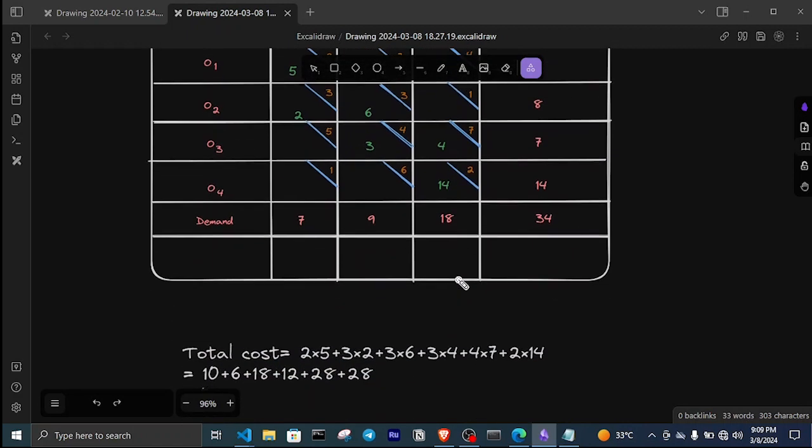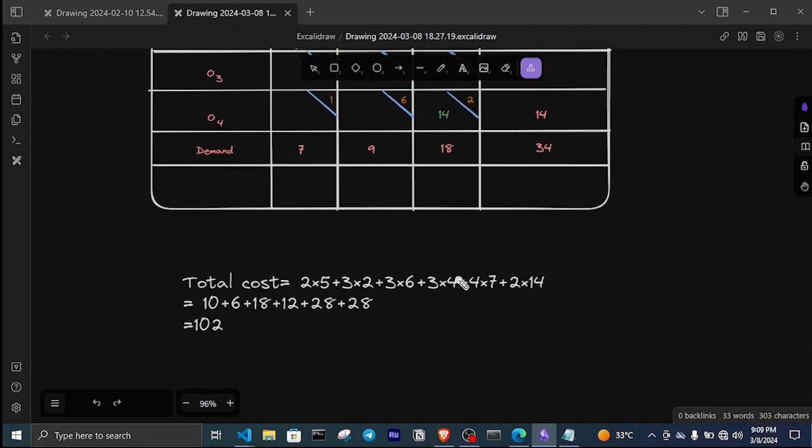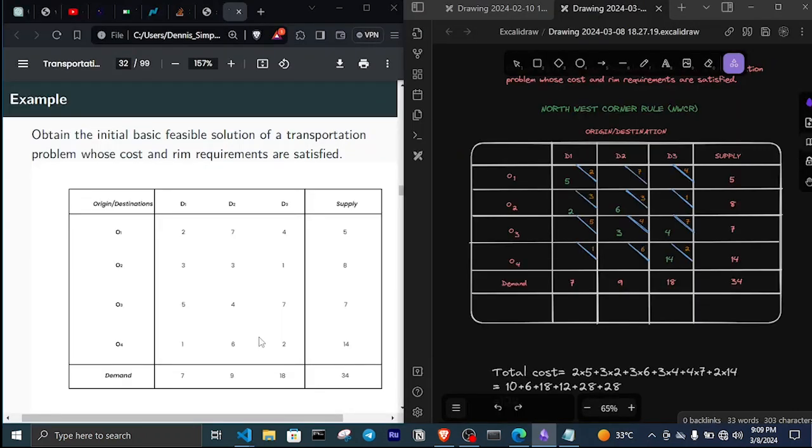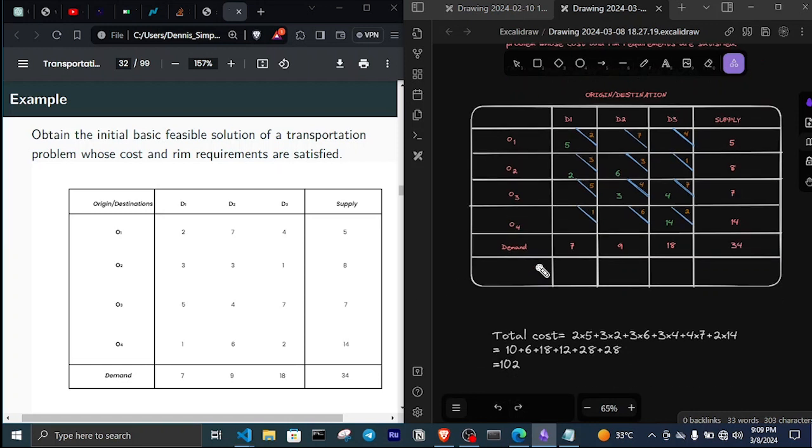The sum of these products is going to give us 102, and that is going to be our total cost. So the initial solution for transporting the goods from the origin to the destination is going to be 102.